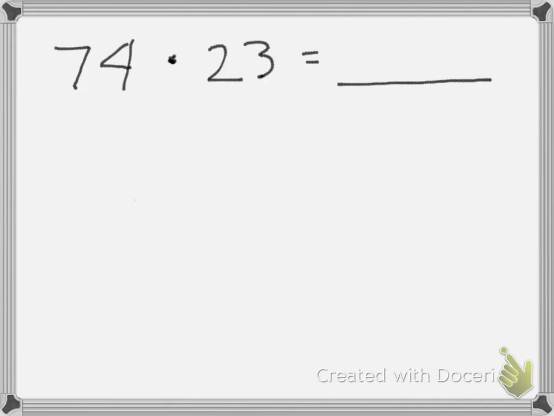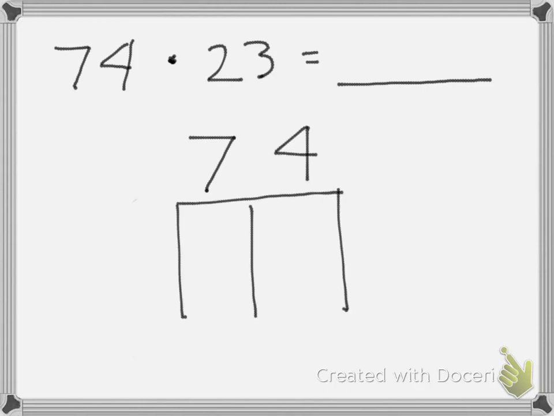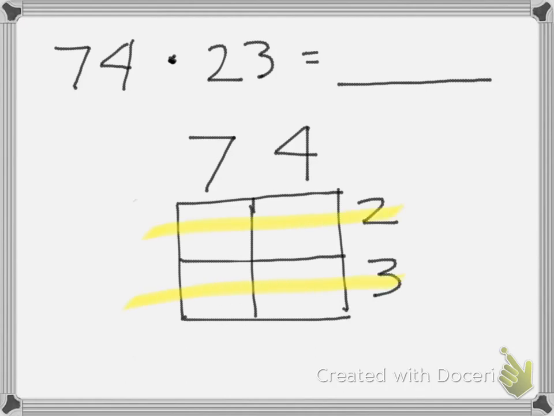Let's take a look at another one. 74 times 23. Set it up the same way. Enclose it. You see we have 2 alleyways going down. We need to do the same thing for our 23. And we have 2 alleyways going across.